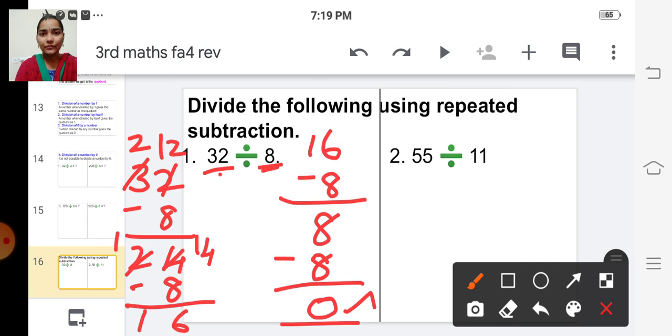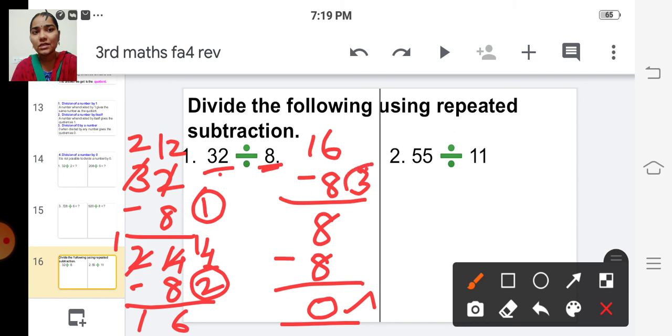Now we shall count how many times we have subtracted 8. So this is 1 time. This is 2 times. This is 3 times. This is 4 times. So this 4 is the answer.